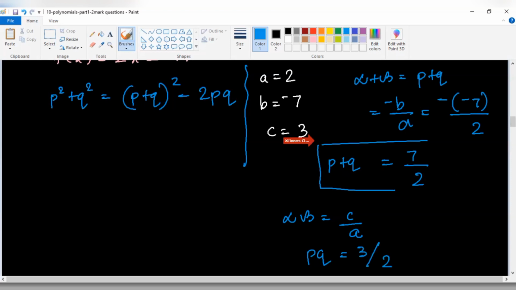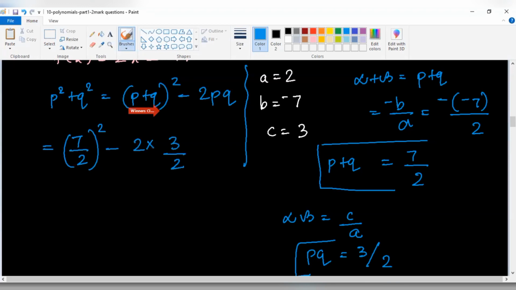Now we got the value of PQ and P plus Q. We can give these values over here. So P square plus Q square will become P plus Q, 7 by 2, the whole square minus 2 times PQ. PQ is 3 by 2. Here we can cancel this 2. So it is 49 by 4. 7 square is 49. 2 square is 4, minus 3.